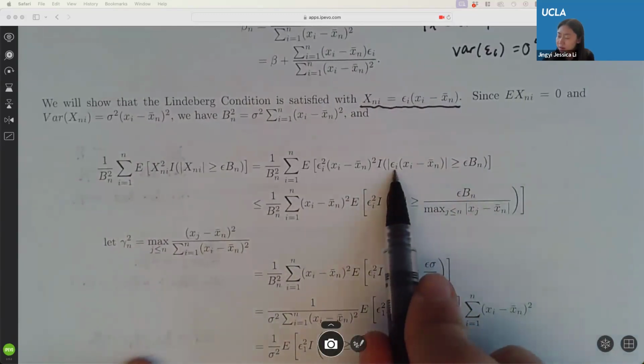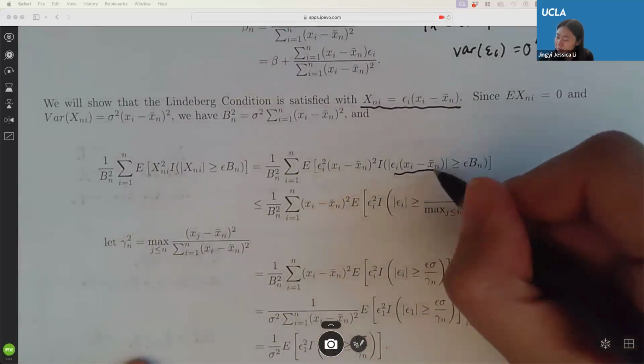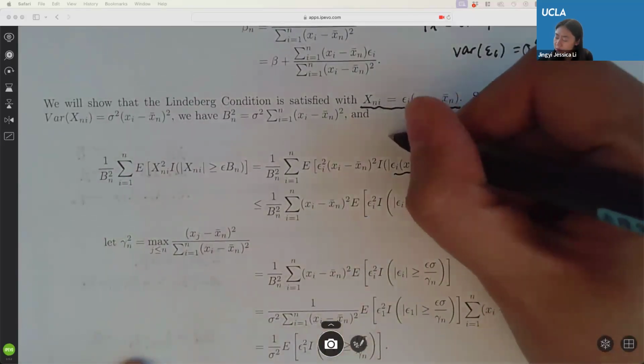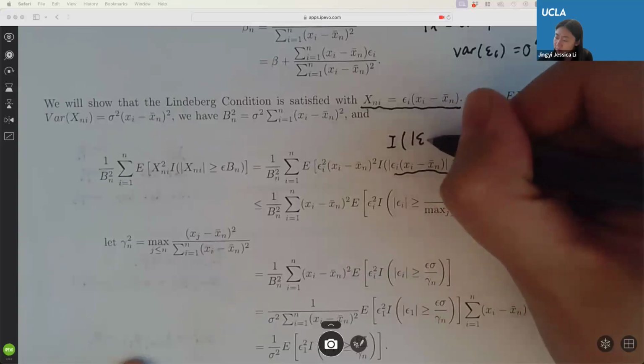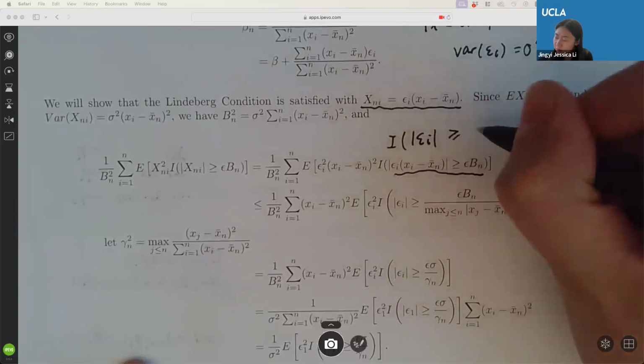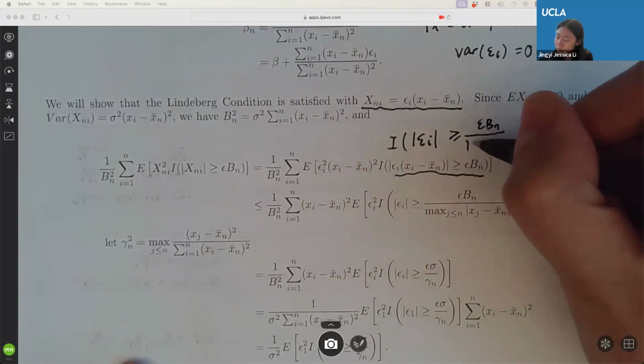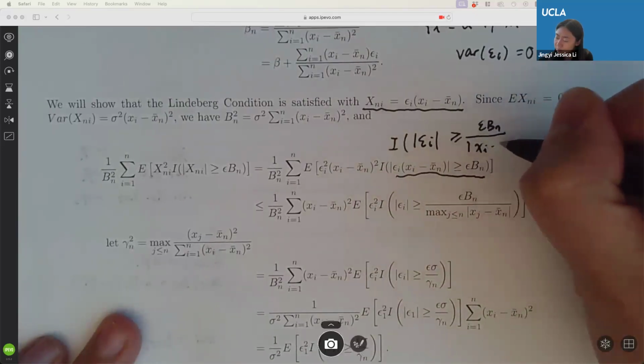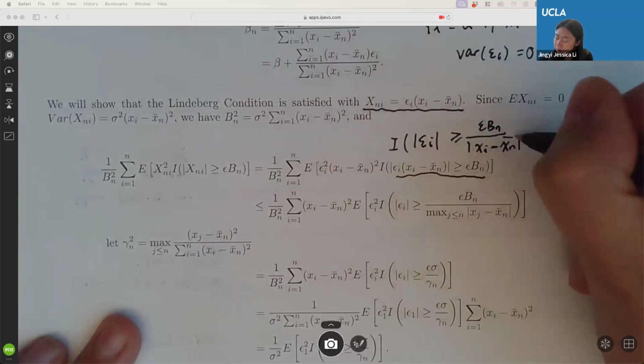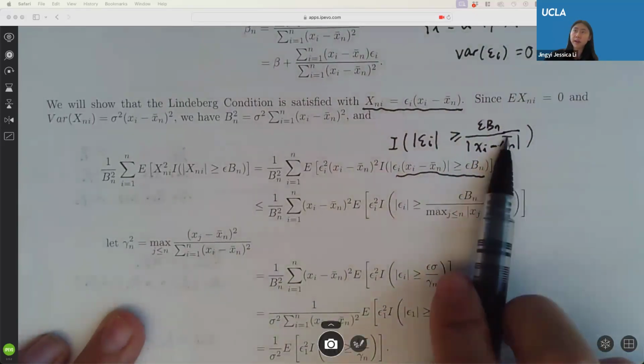Here you have this indicator, which is: absolute value of epsilon i greater or equal than epsilon Bn over absolute value of (xi minus x n bar).